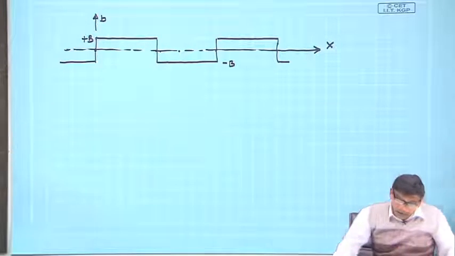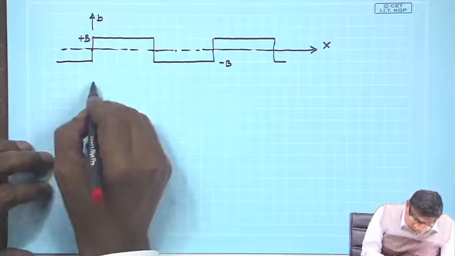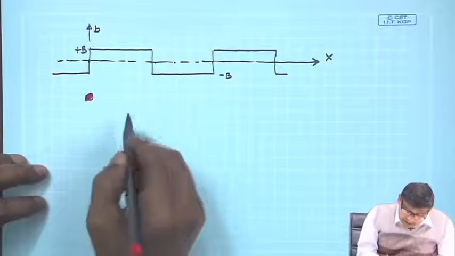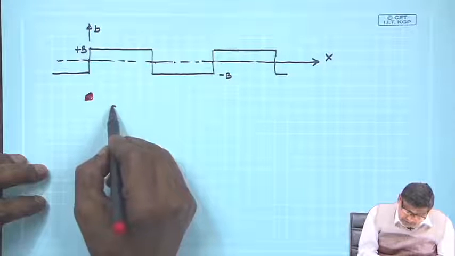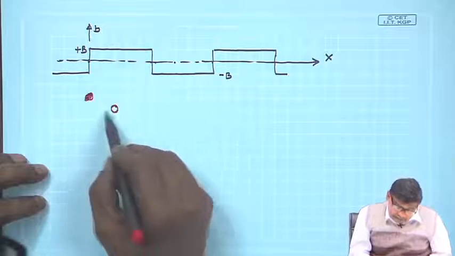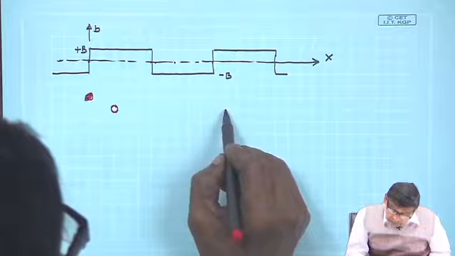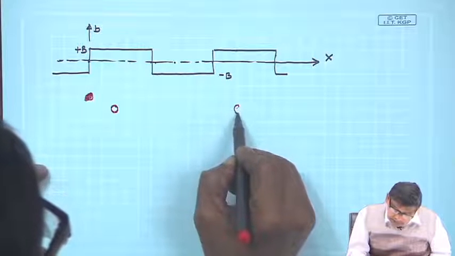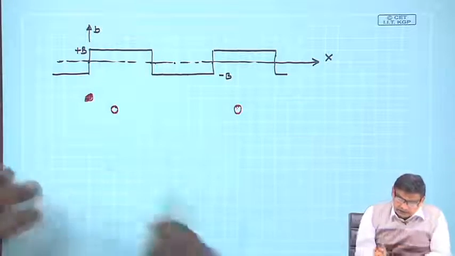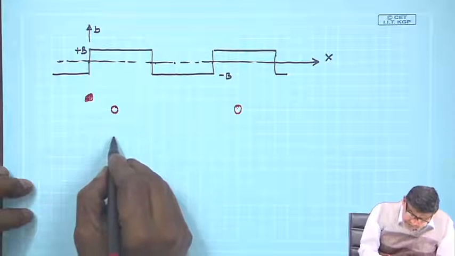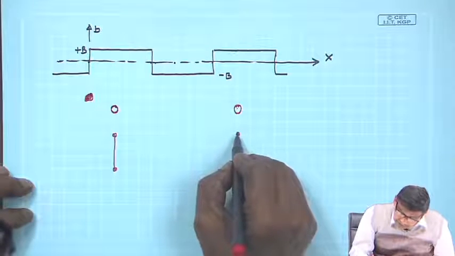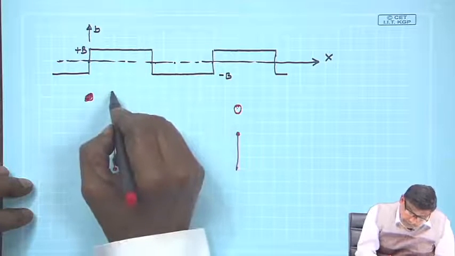Now, suppose you have got two conductors, and I will assume one conductor is here, and the other conductor separate. These two conductors have their own identities, separate conductors. This conductor looks like this if you look from the top, and this conductor looks like this if you look from the top.